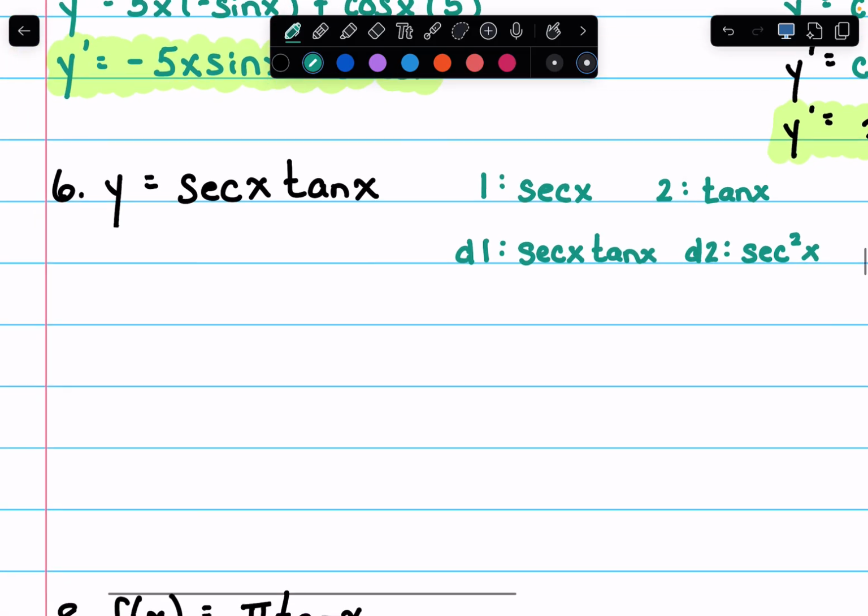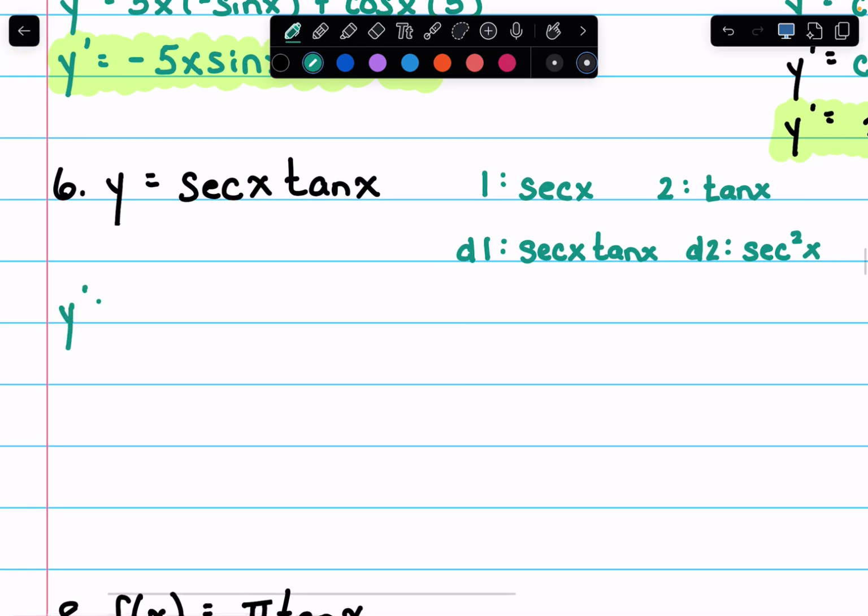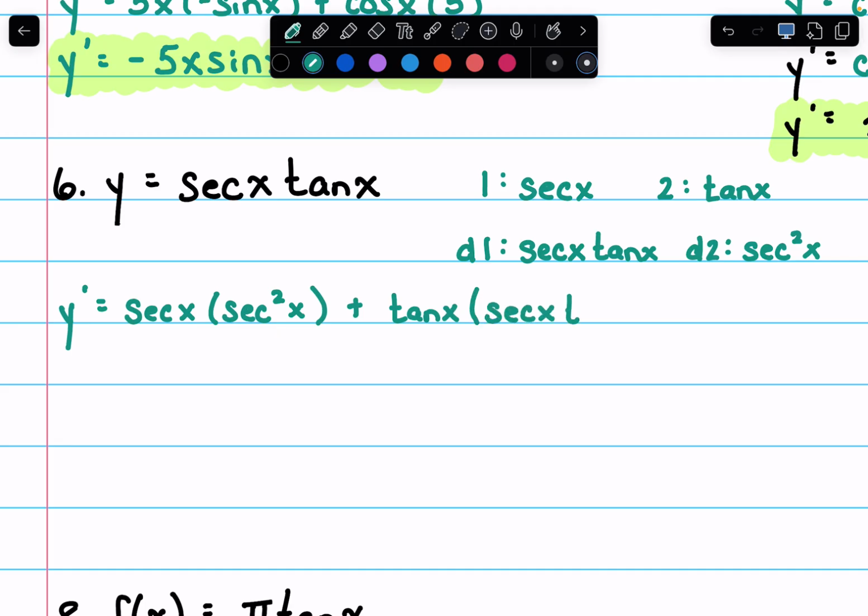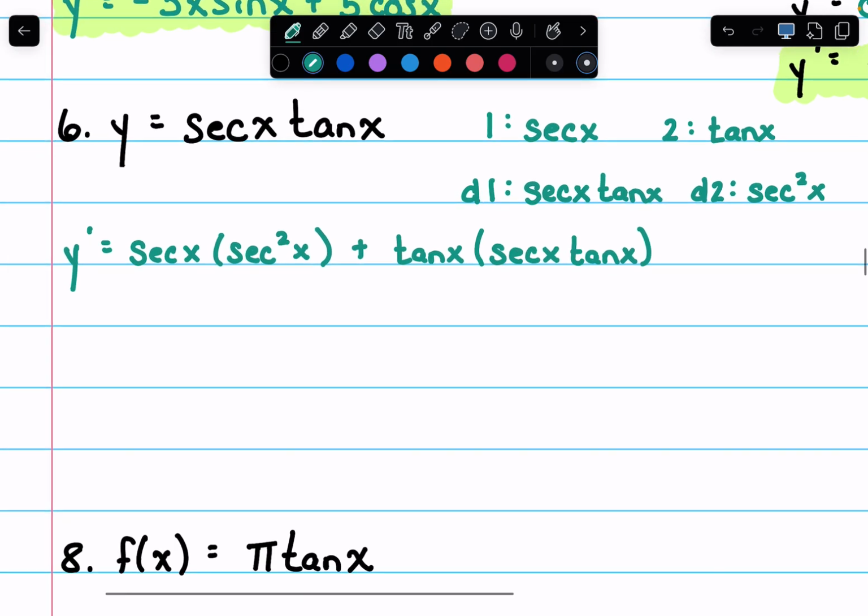Right? So again, we'll do the first times the derivative of the second, plus the second times the derivative of the first. And then we'll just clean up.